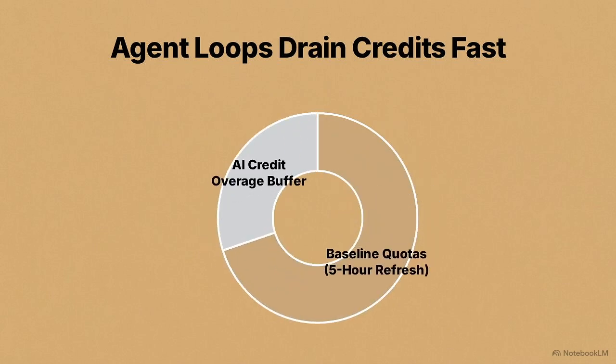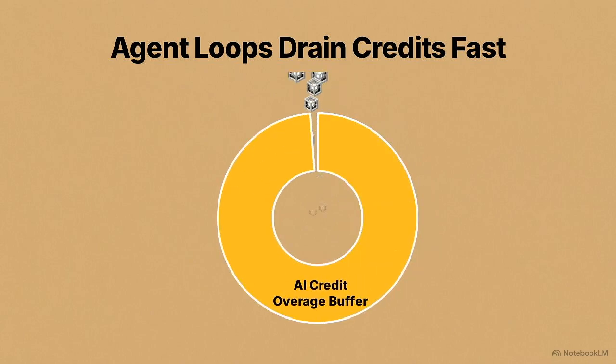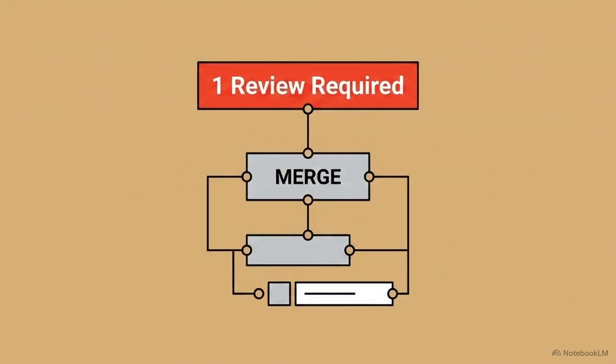Google allocates baseline quotas that refresh every 5 hours, backed by purchased AI credits for overages. If agents enter a flawed logic loop, they will blow through the baseline and rapidly consume your AI credit buffer. To mitigate this, you establish an iterative versioning process based on quantitative goals and forced qualitative code review stops.